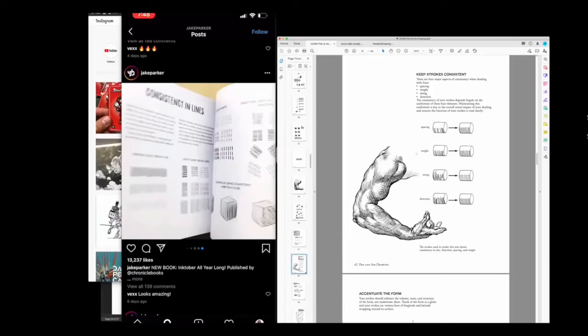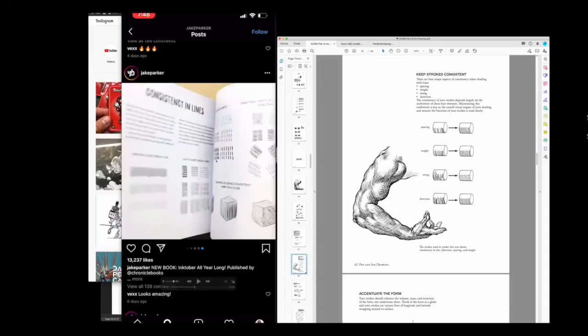Will it throw it off? It's just like we do in science. You take one variable out and see how it affects it. Does it really not make my stroke seem consistent if I don't pay attention to sizing? If I don't pay attention to direction? If I don't pay attention to weight or spacing, what will happen? I did this. That's why it took me months.